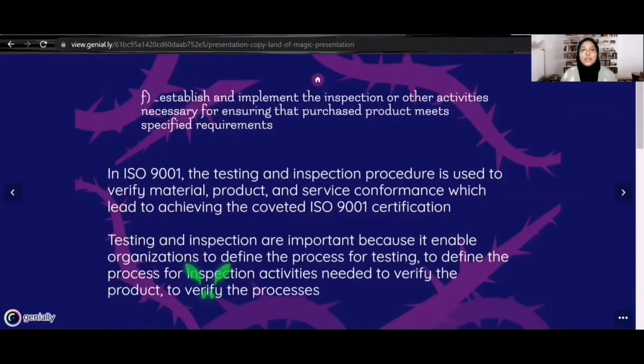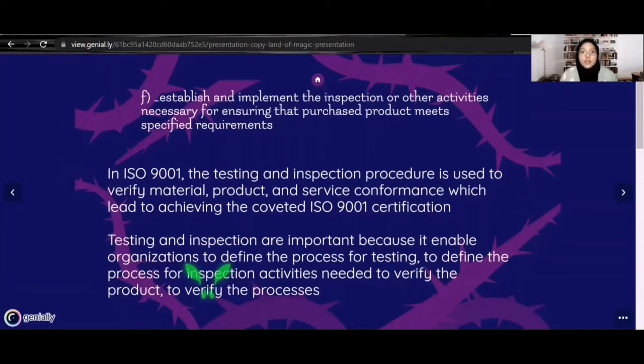Next is to establish and implement the inspection or other activities necessary for ensuring that purchased product meets specified requirements. In ISO 9001, the testing and inspection procedure is used to verify material, product, and service conformance, which leads to achieving the ISO 9001 certification, as well as to verify that the company conforms to the requirements specified in the QMS manual.